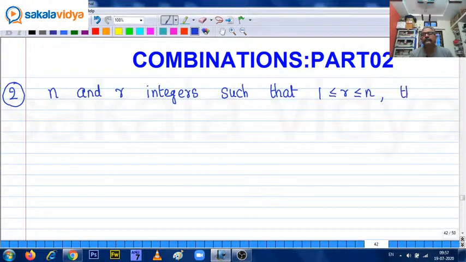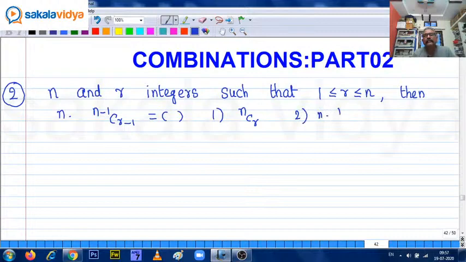Then n times (n minus 1)C(r minus 1) equals: first option nCr, second option n times nCr, third option r times nCr, fourth option (n minus 1) times nCr.